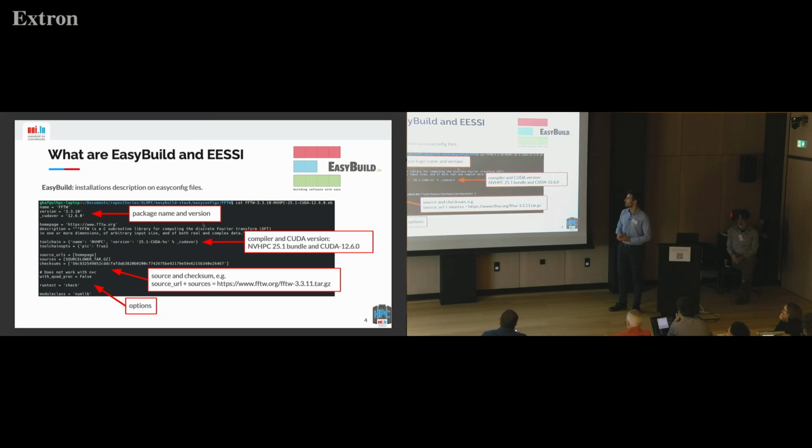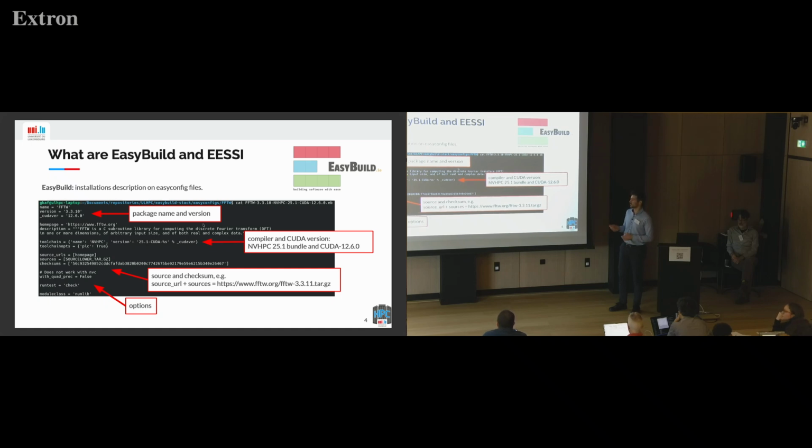So how do we combine these two? We start with EasyBuild. For EasyBuild, you describe the installation of your software package using files called EasyConfigs. They contain some standard components. They start with a package name and version.